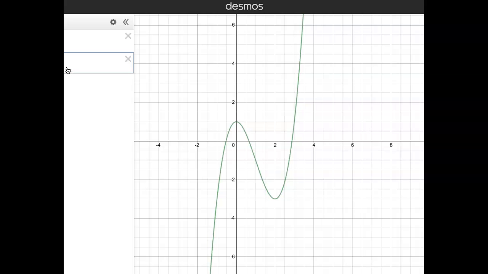So negative 1/2, there's my left endpoint, and 4, there's my right endpoint.